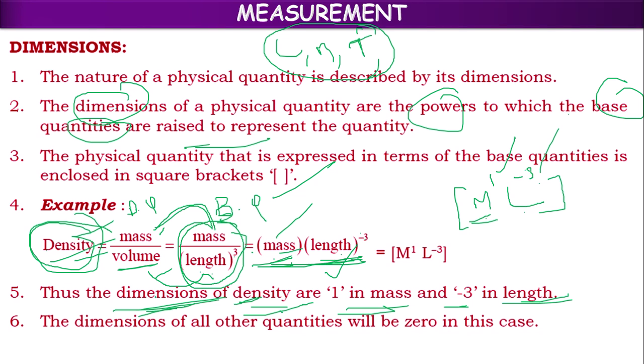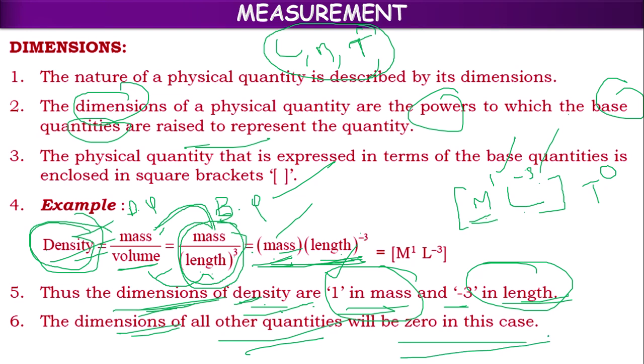Like that we can represent. If there are any other quantities like time, the dimensions of those quantities are 0, because they are not present here.